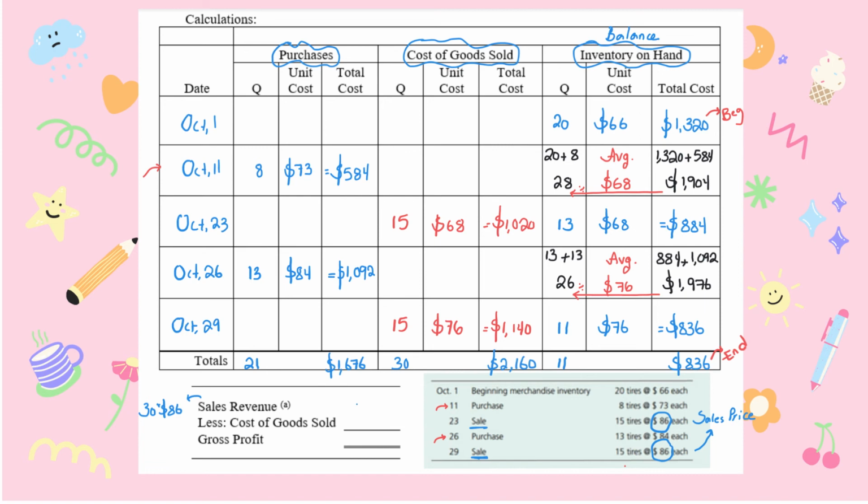So it's going to be 2,580. And cost of goods sold, from here, it's 2,160. So the gross profit will be 2,580 less 2,160. It's going to be 420.